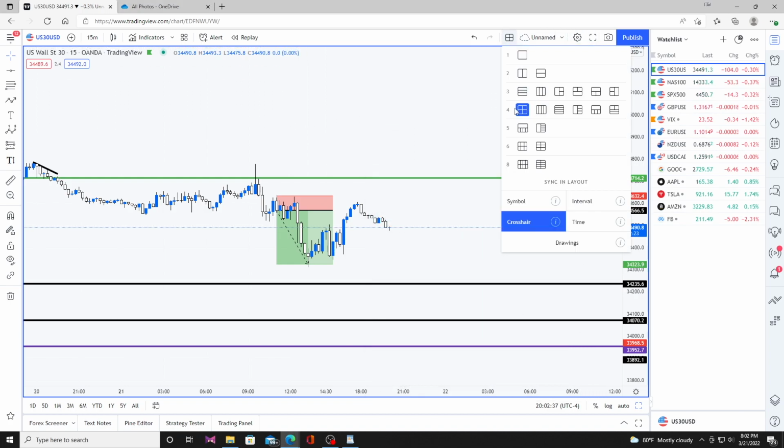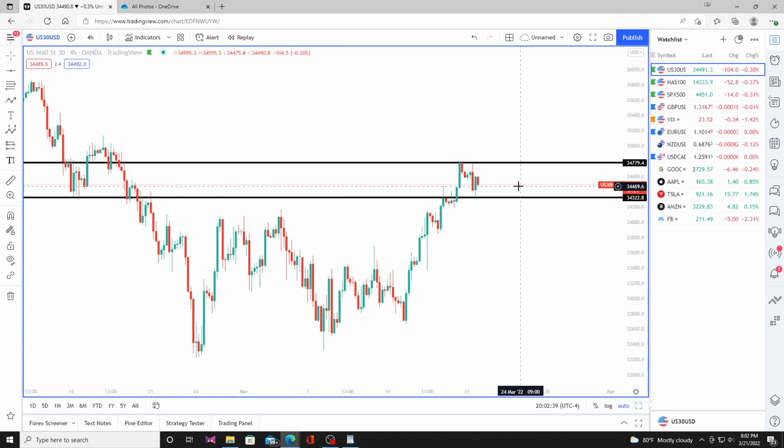If we get back here and go over to the 4-hour time frame, the very first thing that I looked at was where is the market trying to get to and why is it trying to get there? We clearly see that the market is creating higher highs and higher lows, higher highs and higher lows, and higher highs.